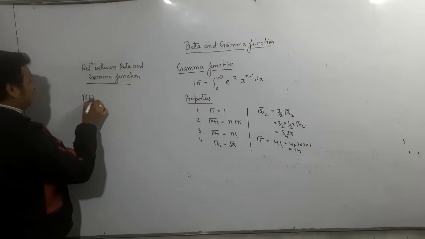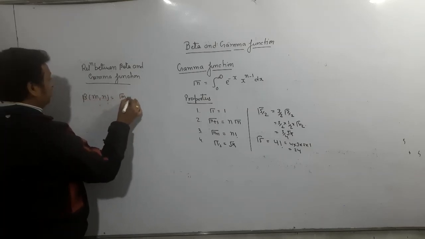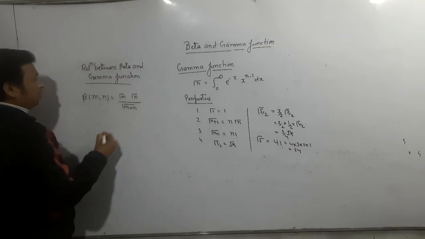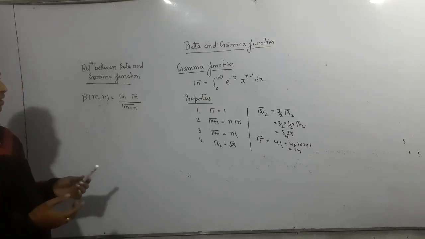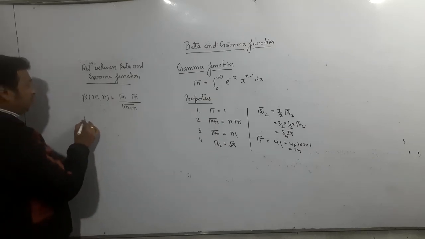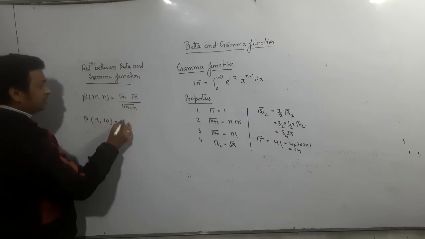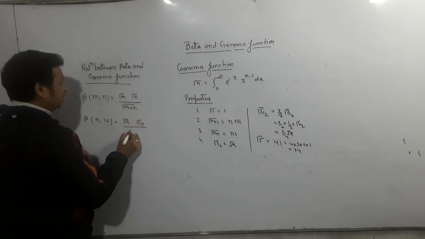Beta m comma n is equal to gamma m gamma n upon gamma m plus n. So once you know this, then easily you can calculate any value. So what is the value of beta 9 comma 10? This is just gamma 9 gamma 10 upon gamma 19.